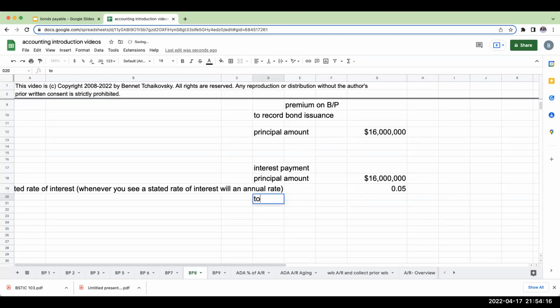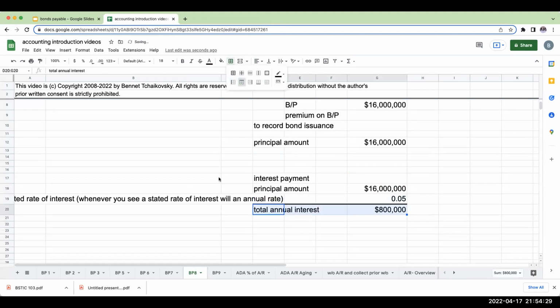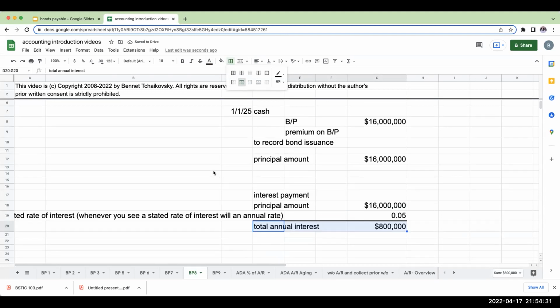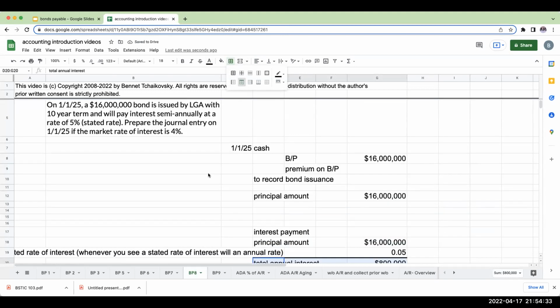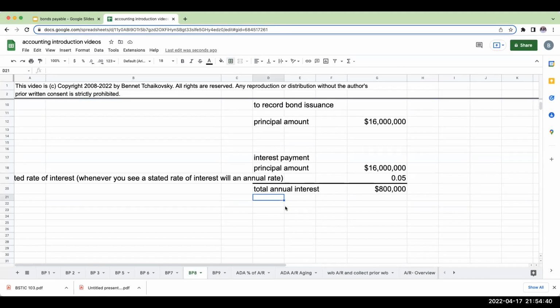So my total annual interest is going to be 16 million times 5%, or 800,000. However, this is annual interest. The bond is going to be paying interest semi-annually, probably on June 30th and December 31st.